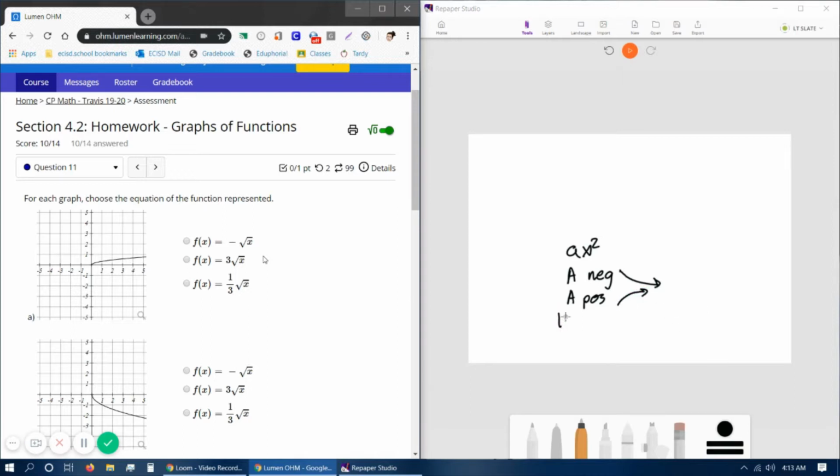If the absolute value of a is greater than 1, the curve will be steep and go up or down quickly. If the absolute value of a is between 0 and 1, the curve will be shallow and go up or down slowly.